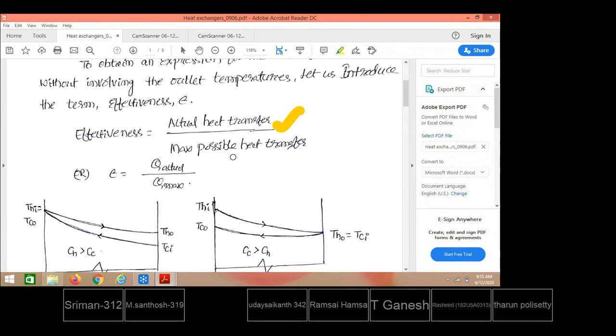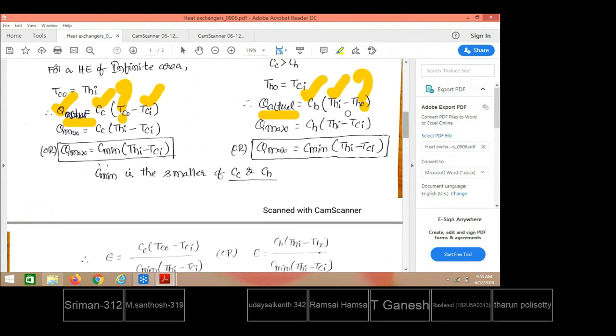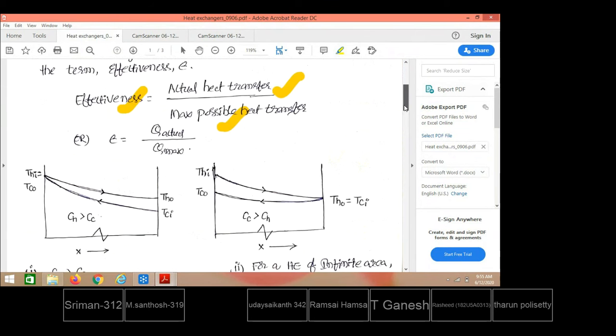So knowing this and this, you can fix the Q actual value. Then, as I told you, by equating to this relation, Tc naught can be fixed, and Th naught can also be fixed. So this is the case of the NTU epsilon method.